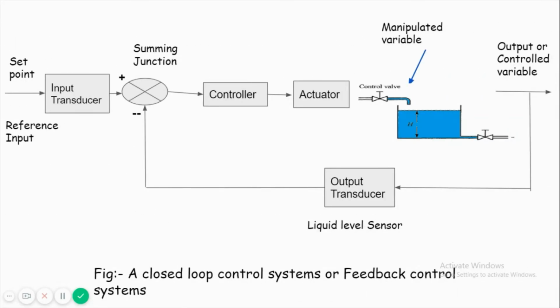So this is the control system. Where is the actuating signal? We get the actuating signal from this comparator.